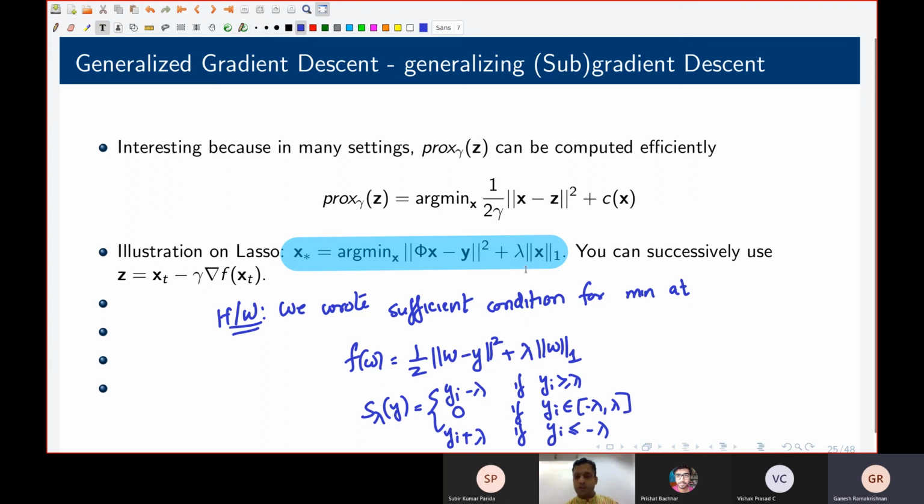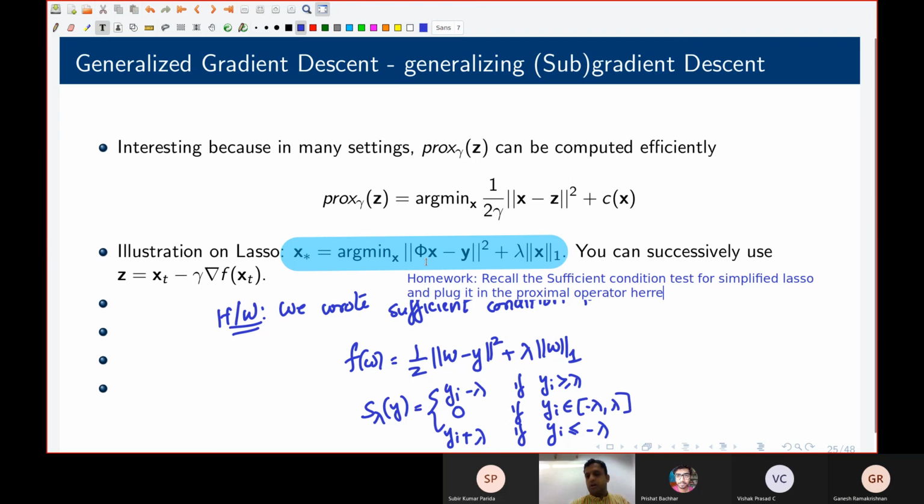In the homework, recall the sufficient condition test for lasso, simplified lasso, and plug it in the proximal operator here to complete our algorithm.